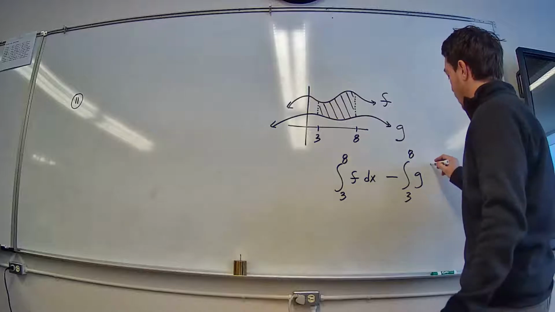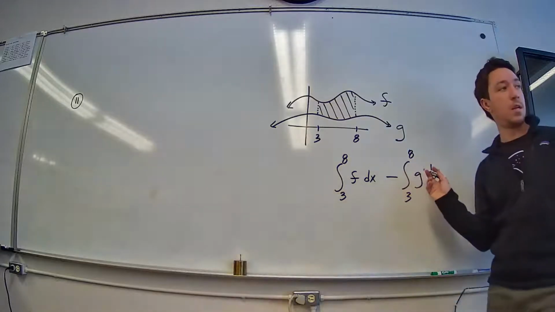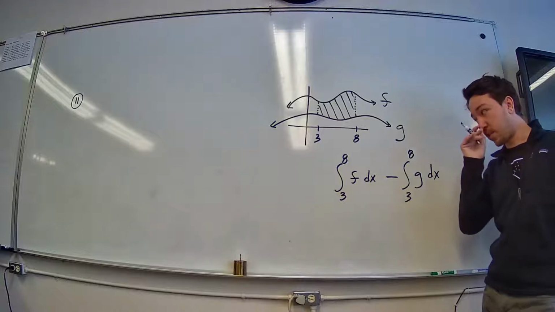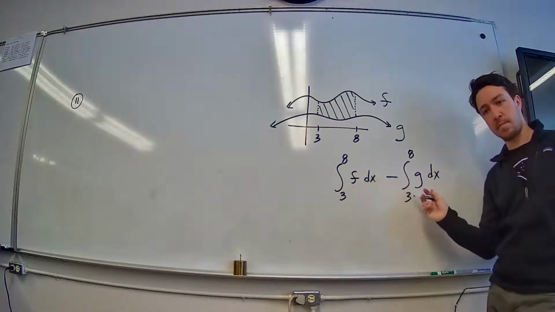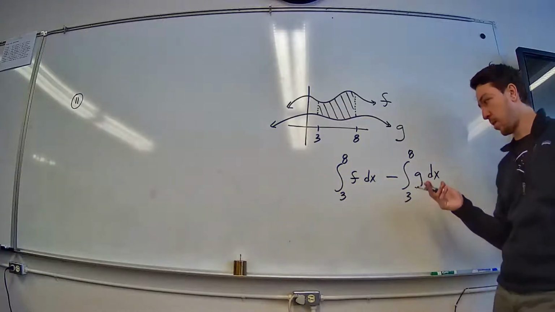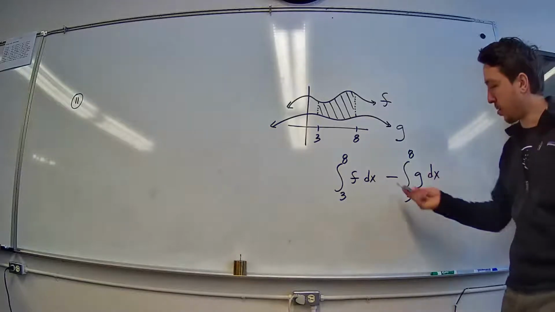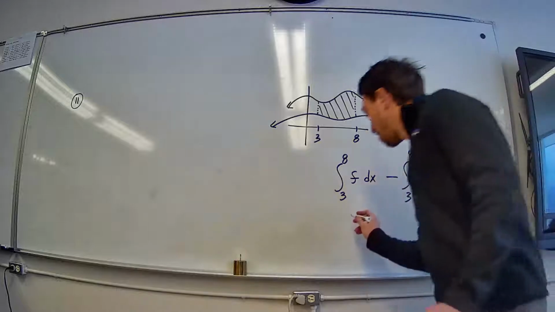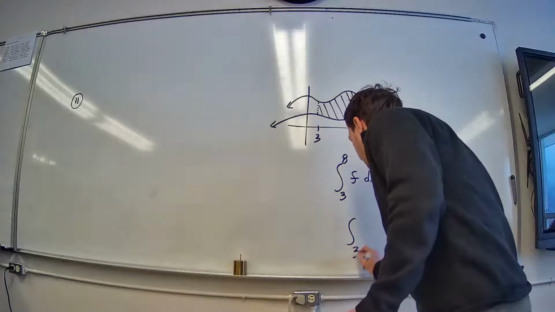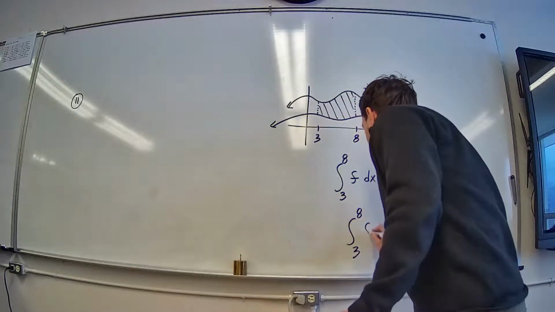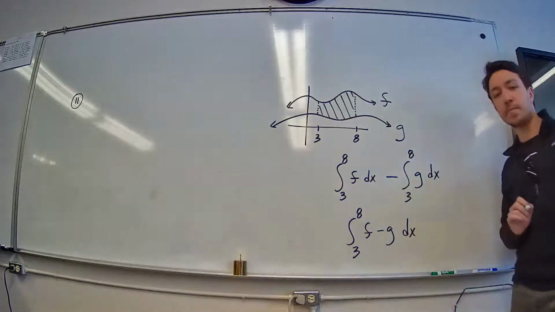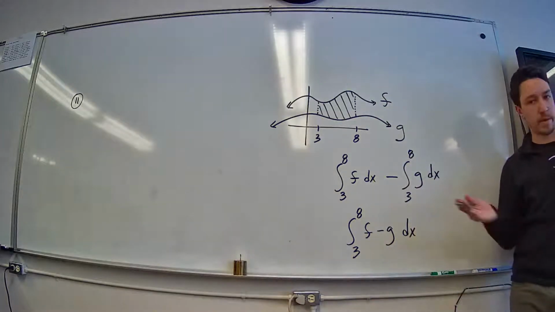Does that concept make sense to everyone? One other thing: we know about integral properties. Which is easier, doing two separate integrals and subtracting the numbers? That may be the case, but most of the time it's easier to combine them into a single integral like that. Does that make sense?